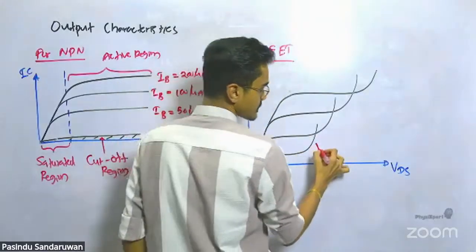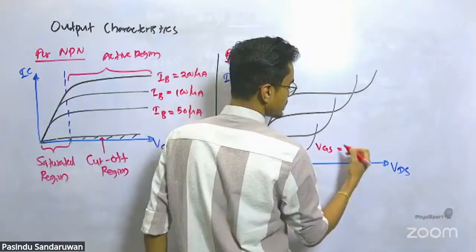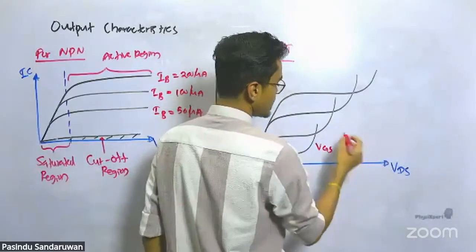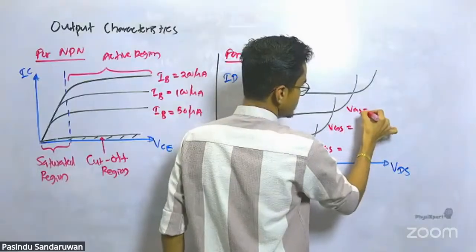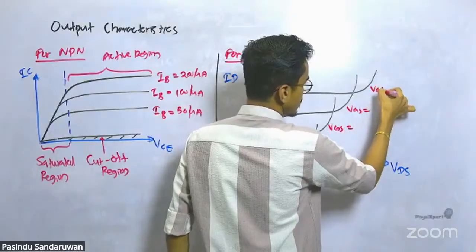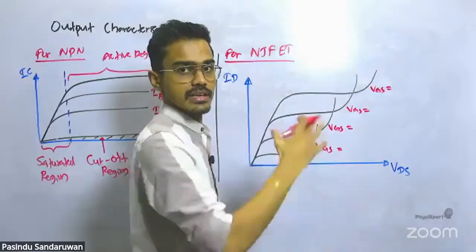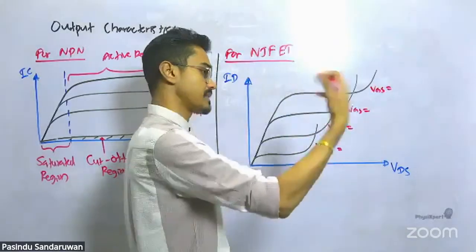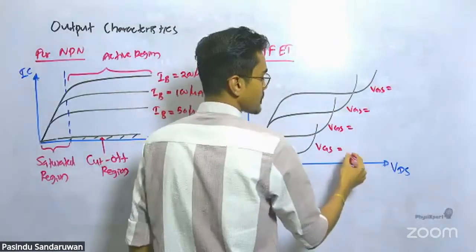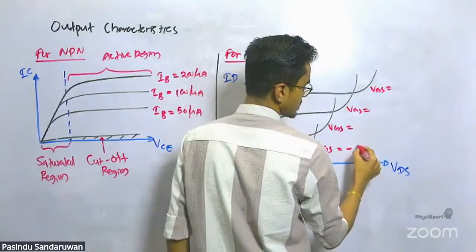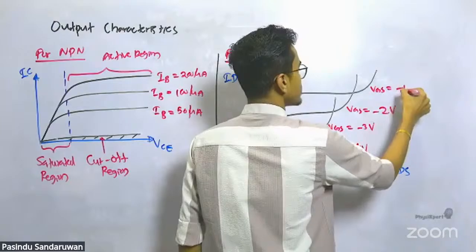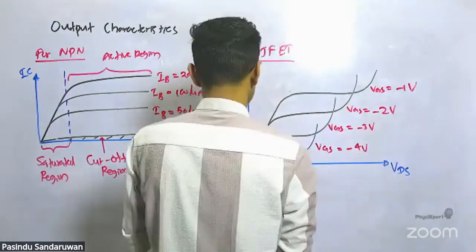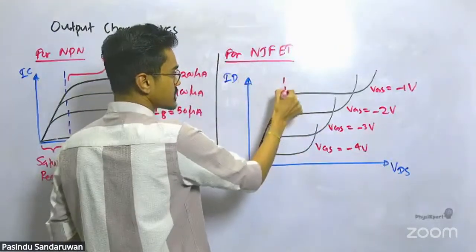VGS is always minus, because of the minus IDRS drop, the voltage divider being a special circuit. VGS may be minus 4 volts, minus 3 volts, minus 2 volts, minus 1 volt, likewise. And here, regions are also there.